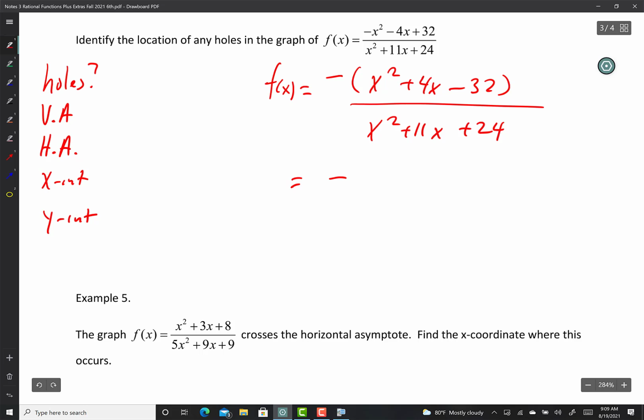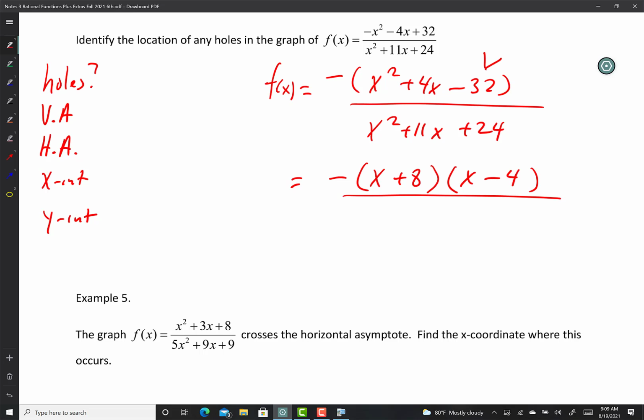What two numbers, when you multiply, give you negative 32, but add up to a positive 4? What two numbers in the bottom multiply to give you positive 24, but add up to 11?